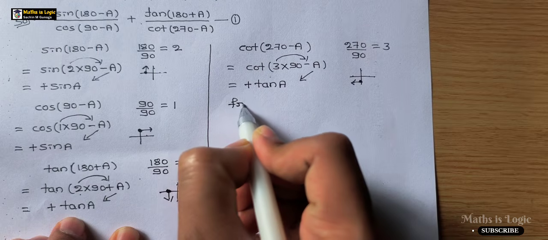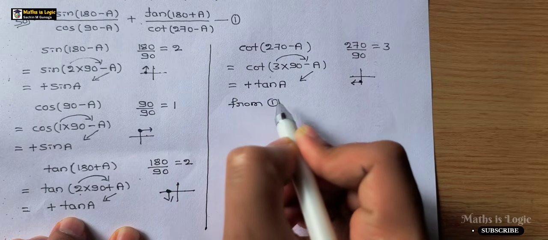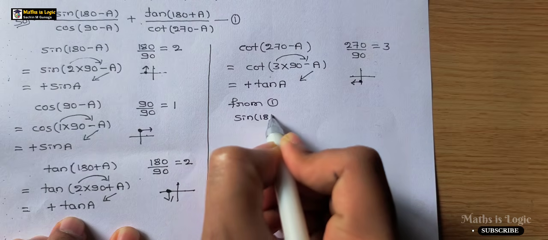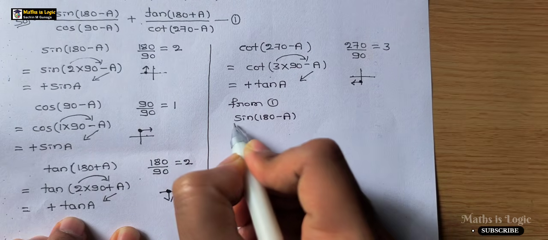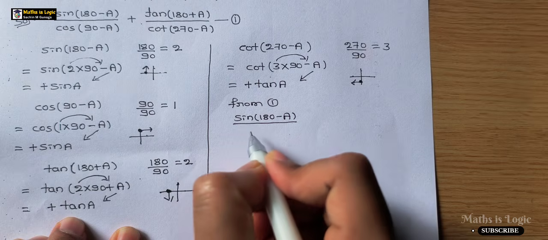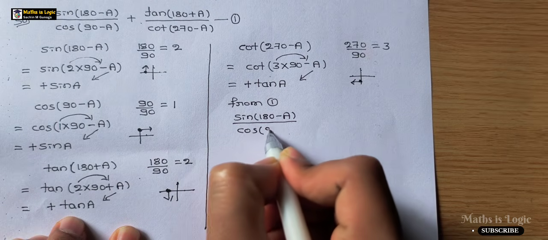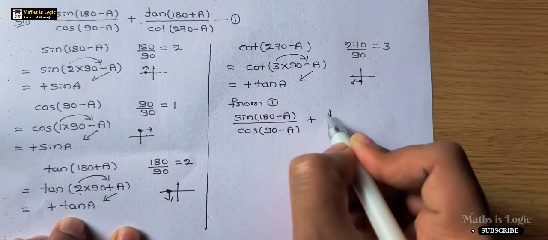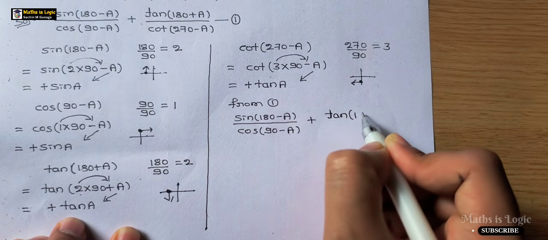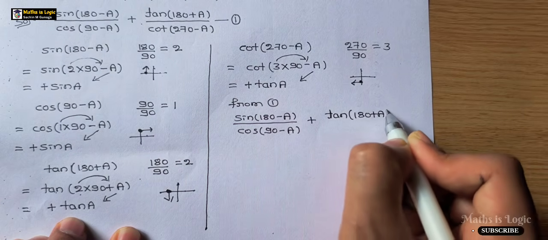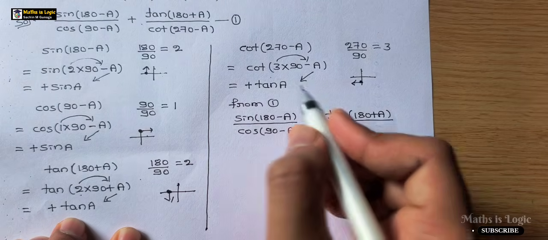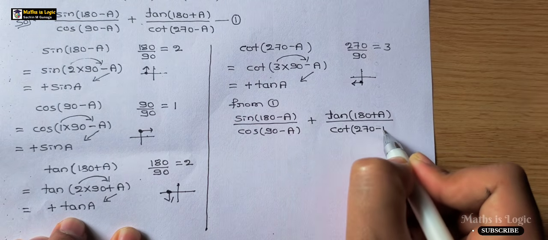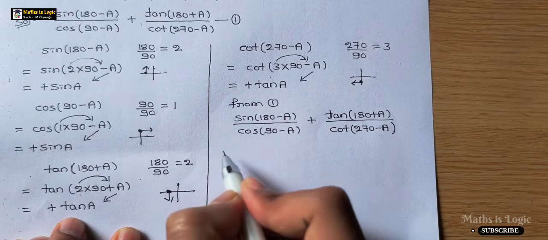Therefore from 1, what is that 1? Sine 180 minus a divided by cos 90 minus a, plus tan 180 plus a divided by cot 270 minus a. Substitute.